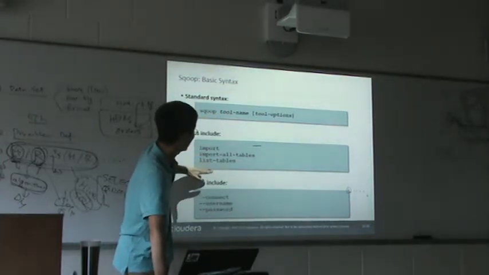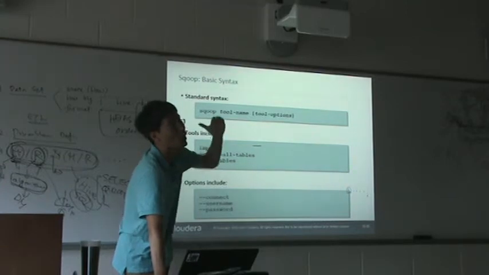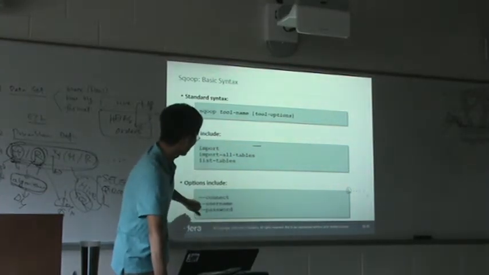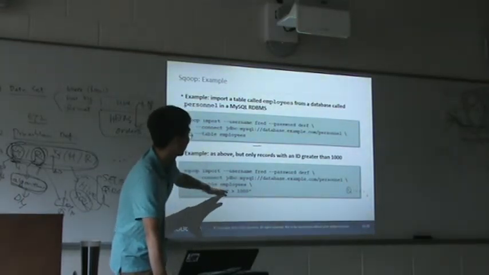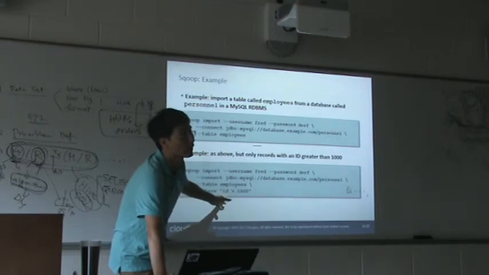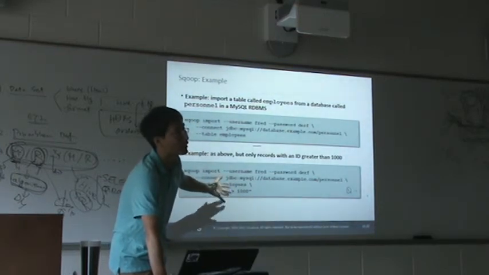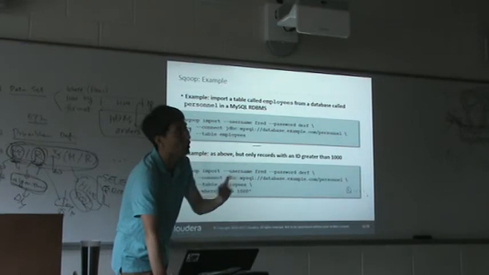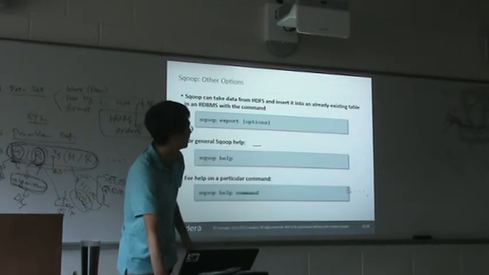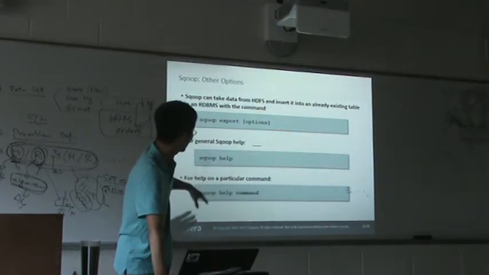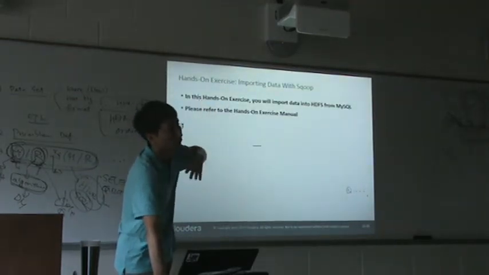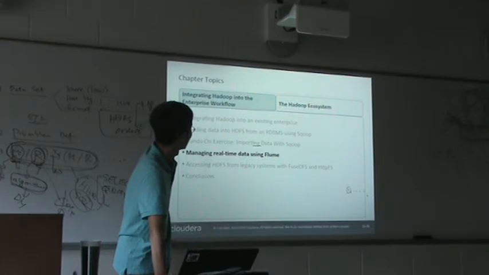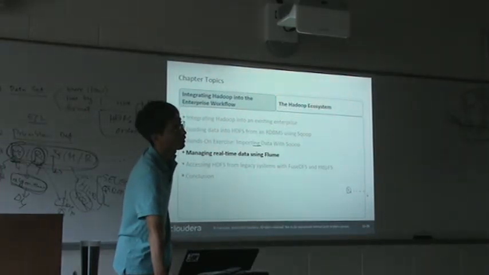Import table, list the tables, which means just a list of the tables. And the connect string, the username and password, and so on. And you can specify the table. You can even specify the condition. Okay. Not very complicated. In your Java JDBC tool, you can just add a dynamic program. And you can export. There's a help command. Okay. Then you will do the exercise lab in the next class. I'm not sure when the next class is.